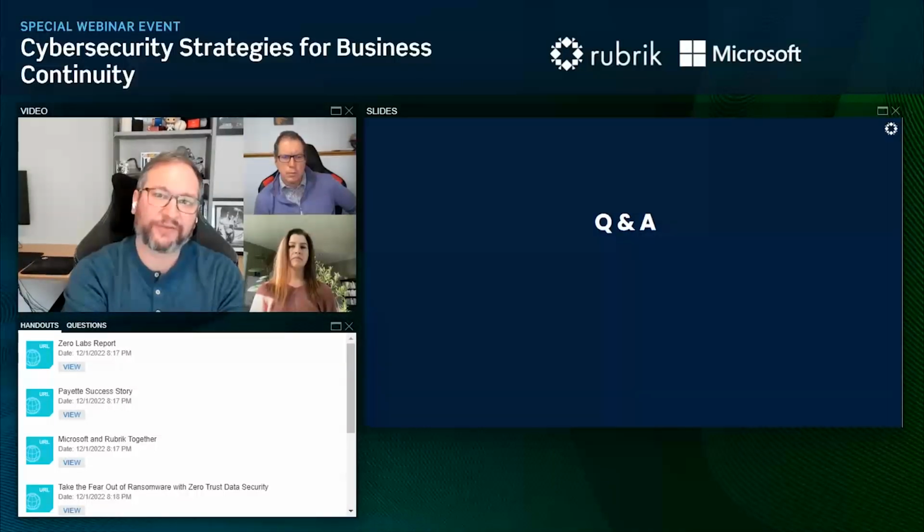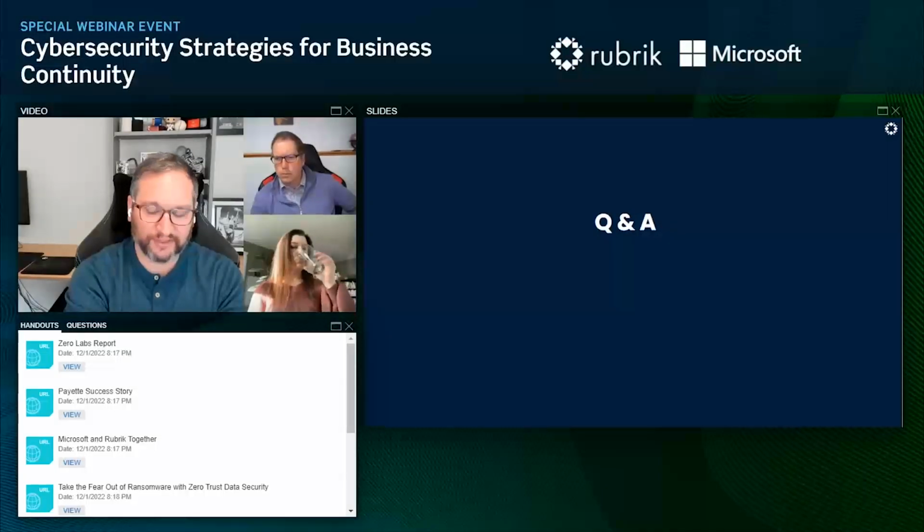Now, something that we maybe hinted at but didn't really dive into is the shared responsibility model. Although you can easily get your data out there into Azure, Microsoft doesn't necessarily provide all of the data security components around that data.